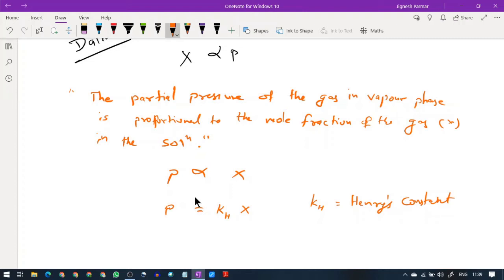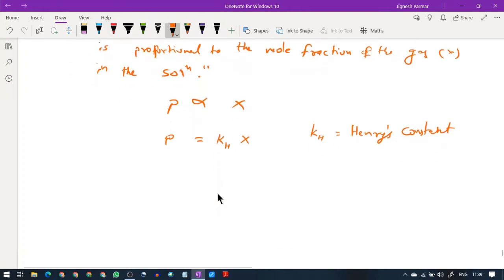So what exactly happened here? The temperature is very important. The KH value of nitrogen and oxygen increases with the increase in temperature, which indicates that the solubility decreases with an increase in temperature.